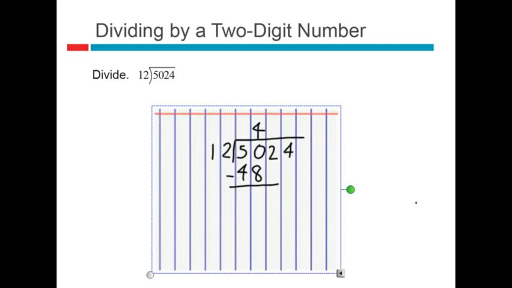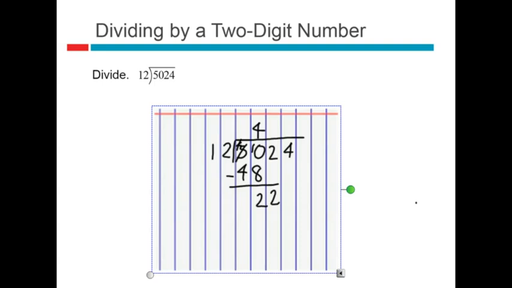We get a remainder of 2 here. So I have to borrow, rename a 10 where I have the 0 there. 10 minus 8 is 2. 4 minus 4 is 0. So now I'm going to bring down the 2 from the tens place.